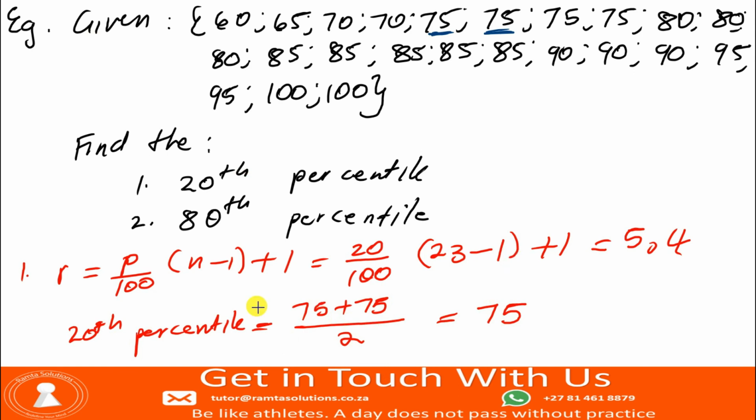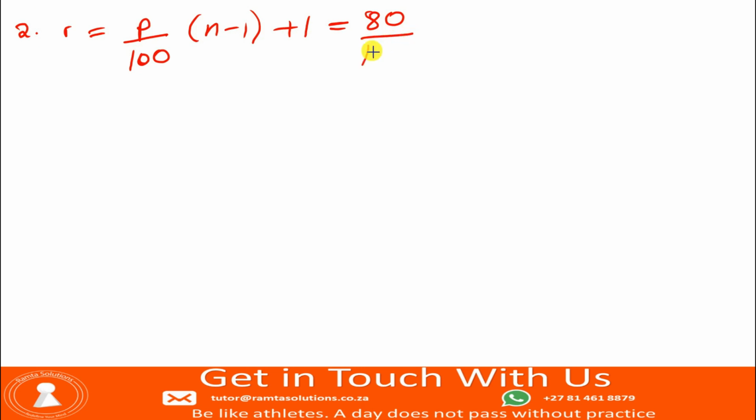Now, let's find our 80th percentile. R equals P over 100 multiplied by (N minus 1), plus 1. So, 80th percentile, it will be 80 over 100.